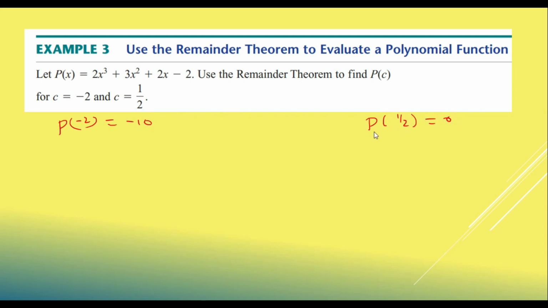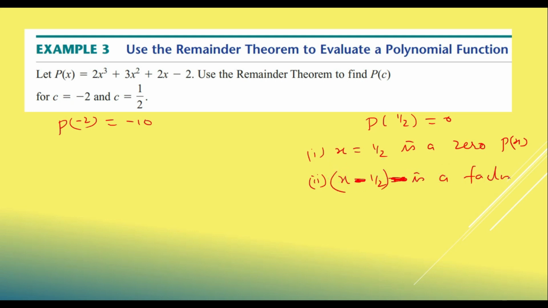By comparing the concepts of the remainder and factor theorems, we understand here that x equal to half is a 0 of the original polynomial p of x. That is the first piece of information. Second, x minus half is equal to 0. This binomial x minus half is a factor of p of x.